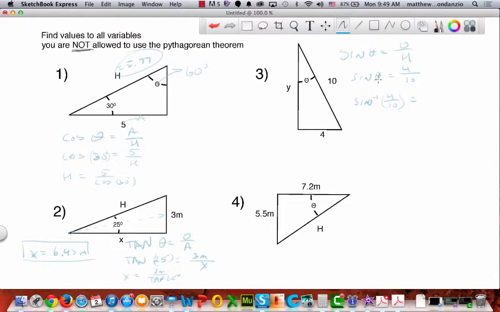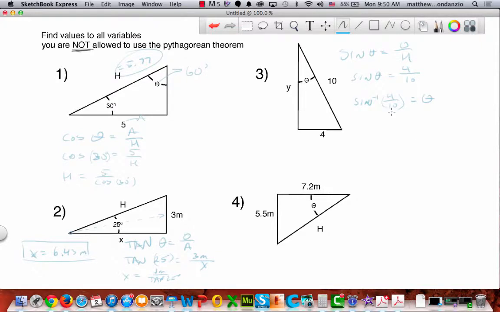The problem is because this is a function of a number, you have to take the inverse function to get there. So the inverse sine of the ratio equals theta. So if you're looking for theta, it's the inverse of the ratio. You can't just swap these two in and out. The sine of 4/10 does not equal theta. The inverse sine of 4/10 does.